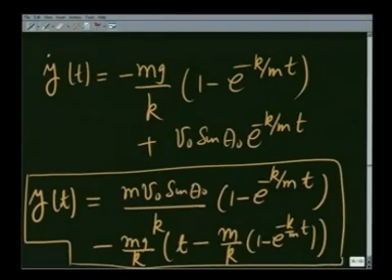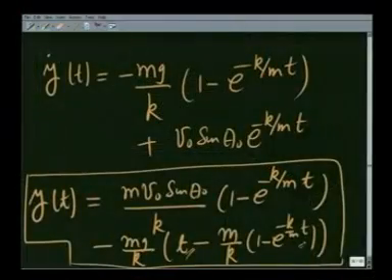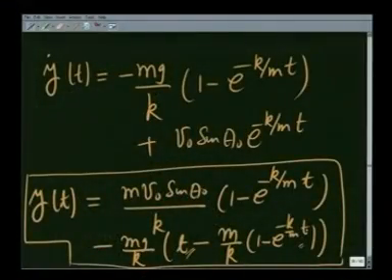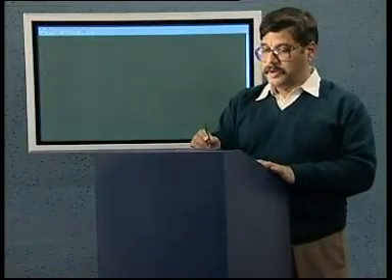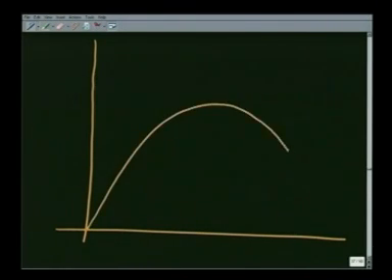You see, because t appears in linear form as well as in this exponential form, I cannot eliminate it to get a direct expression between x and y. However, for a given time I can calculate x and y and plot the trajectory. If I do that for different k's, fixing v0 and sin theta 0, I find that for k equal to 0, it is a perfect parabola.